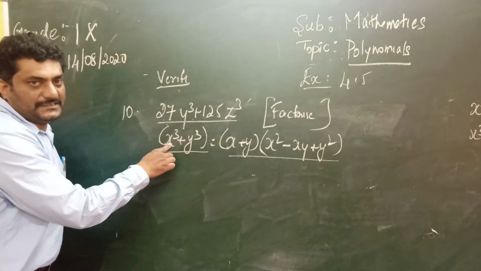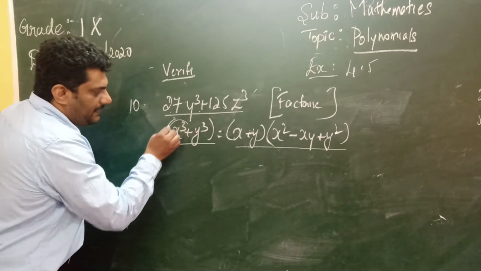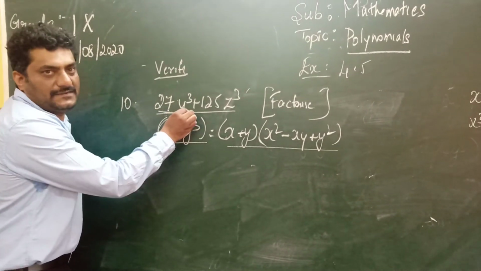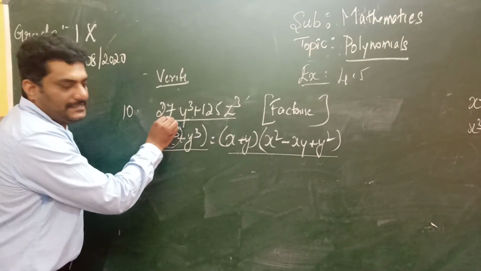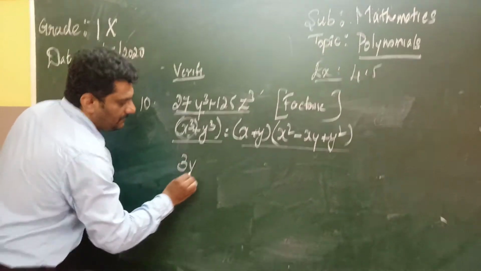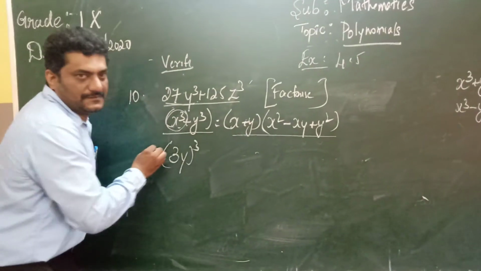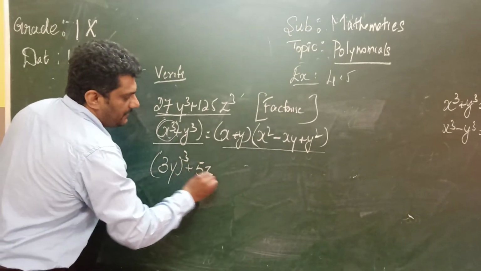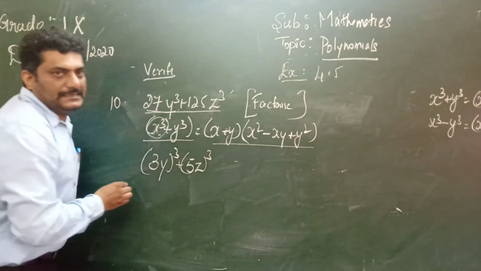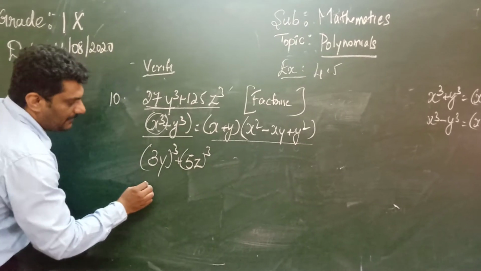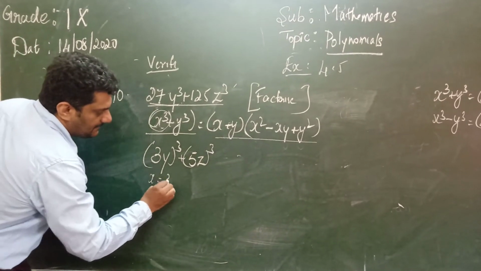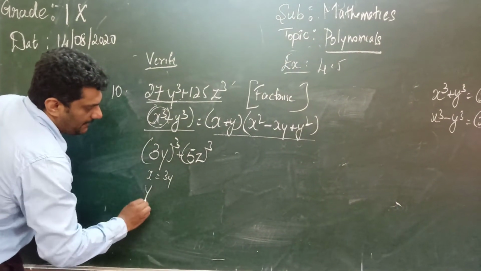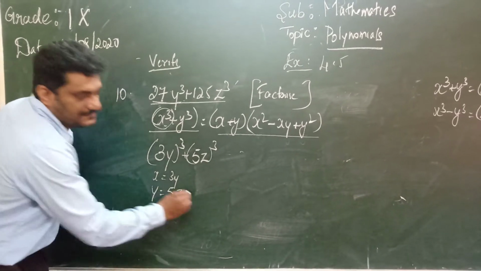So the moment we get the values of x and y, just put them across like this. Now how do we find the values of x and y? Now x cubed is 27y cubed, which is nothing but 3y to the power of 3. And y cubed is 5z to the power of 3. Now we know the values: x is 3y, y is 5z.